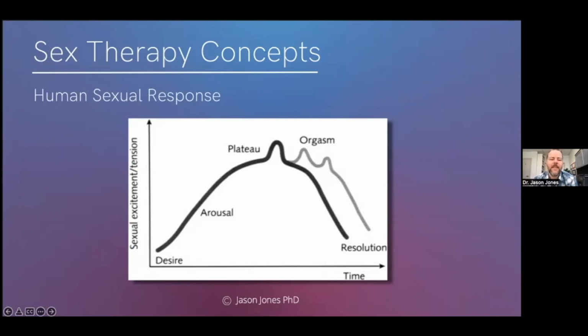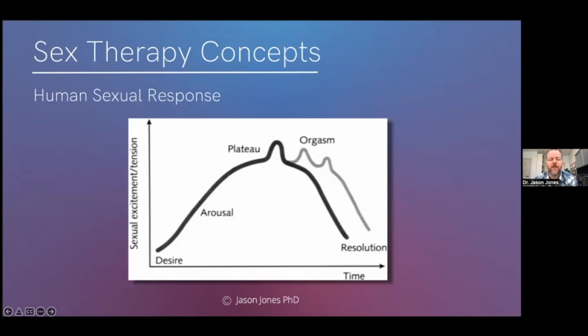So there's nothing here about context. There's nothing here about if you're not feeling well, or if you had a stressful day, should you still have this same process of moving smoothly from desire into arousal? And another big one is the context in which desire exists can be very different.